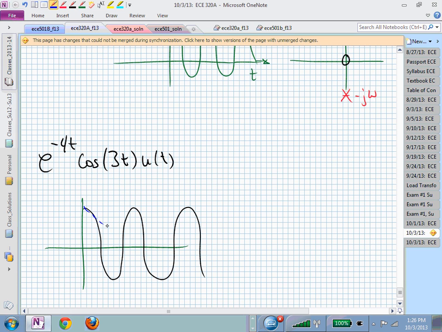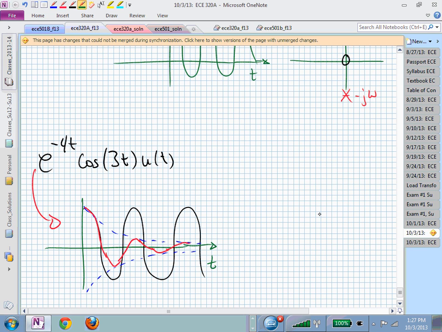And then you have this exponential decay envelope of e to the minus 4t. And if you multiply those two together, term by term, you will see that you now have this decaying exponential, that red line. That's the waveform as a function of time t.